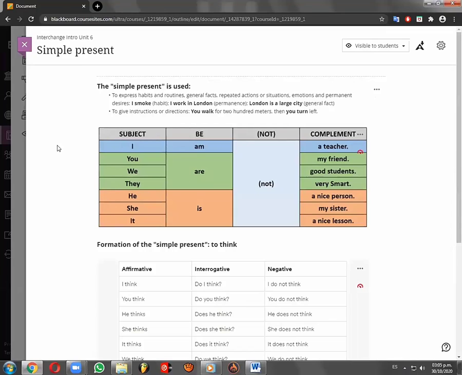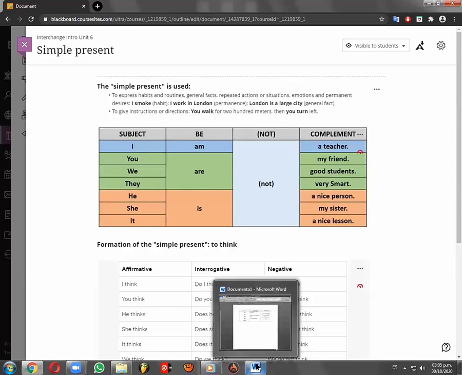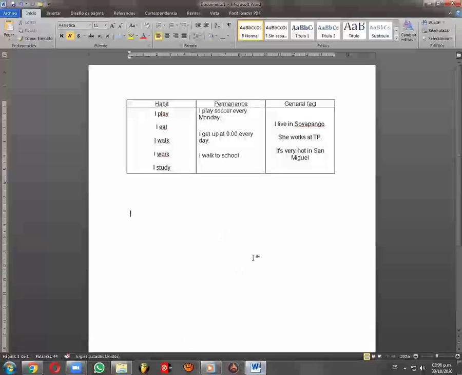You can see three different aspects: habits, permanence, and general fact. And I can show you some other examples. For habit: I play, I eat, I walk, I work, I study.